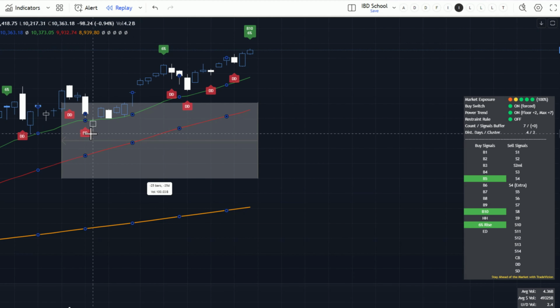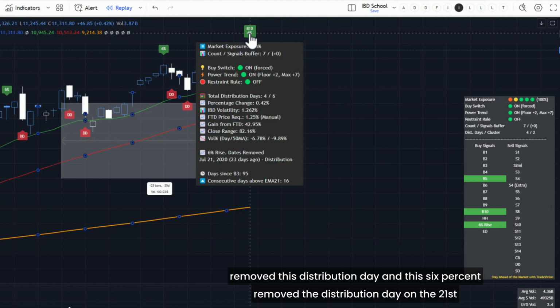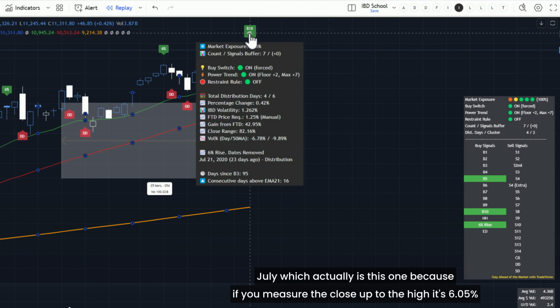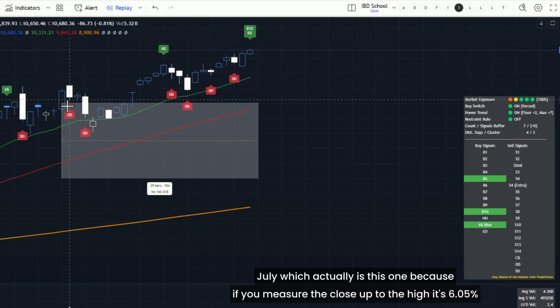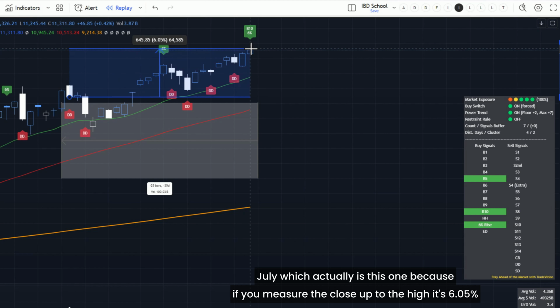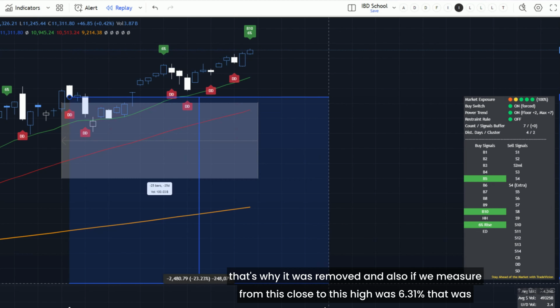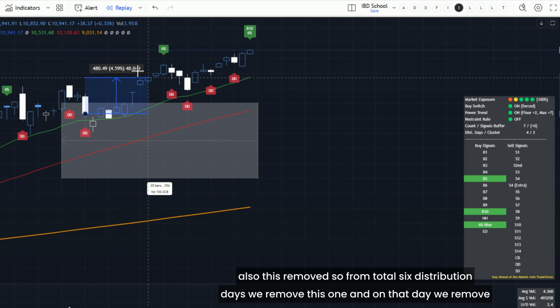So this one removes this distribution day, and this 6% removes the distribution day on the 21st of July, which is actually this one. Because if you measure the close up to the high, it's 6.05, that's why it was removed. And also if we measure from this close to this high, it was 6.31, so that was also removed.